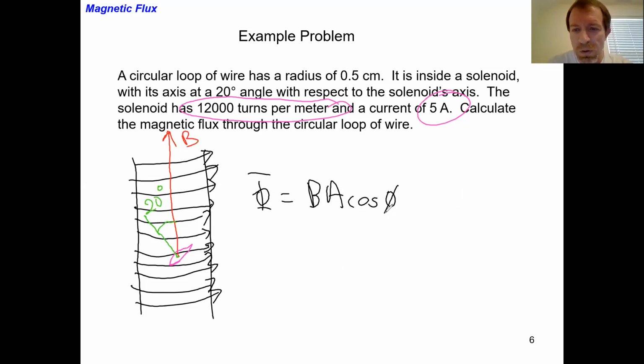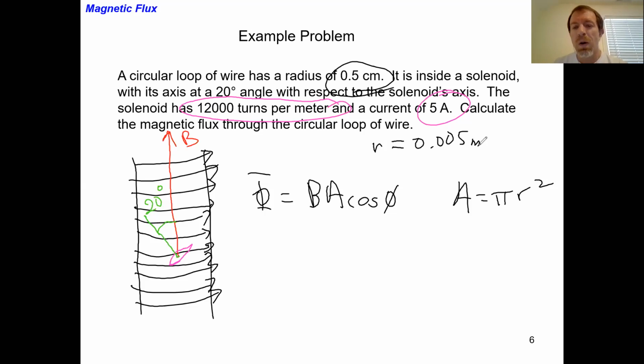So the area of a circle is what? It's pi r squared. Do we have r? Yes, we do. R is 0.5 centimeters, but of course we don't operate in centimeters, we operate in meters. R is 0.005 meters. So now it's just a question of plugging and chugging our way through here.